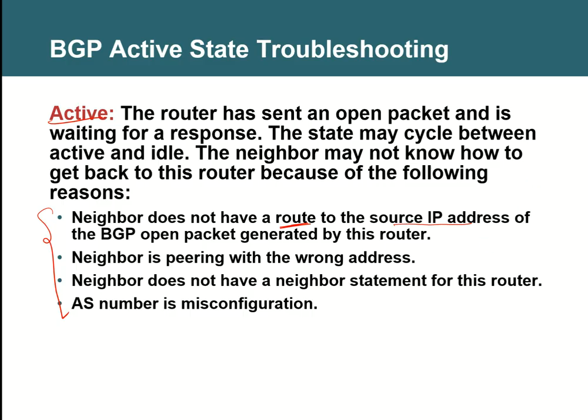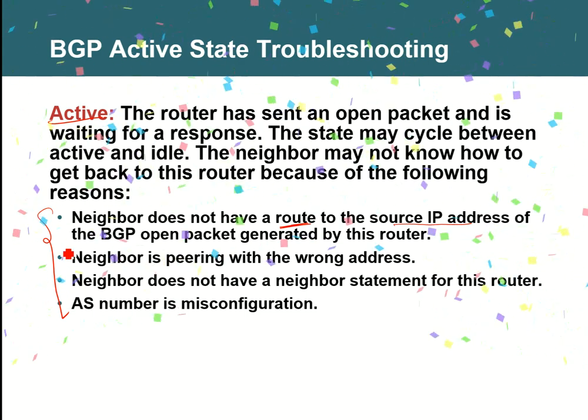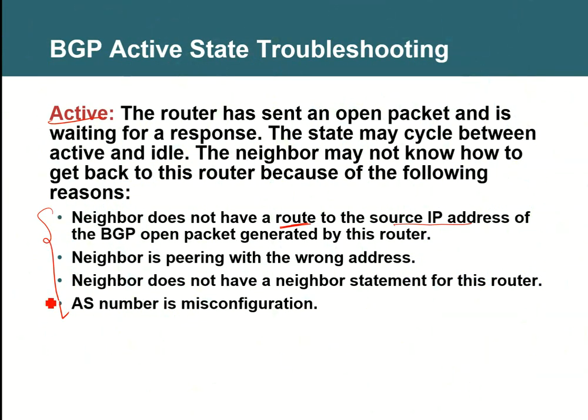You may be trying to form a neighbor using loopback, but you did not use update source. So if you know these reasons, you will be able to troubleshoot when the neighbor is stuck in active state.